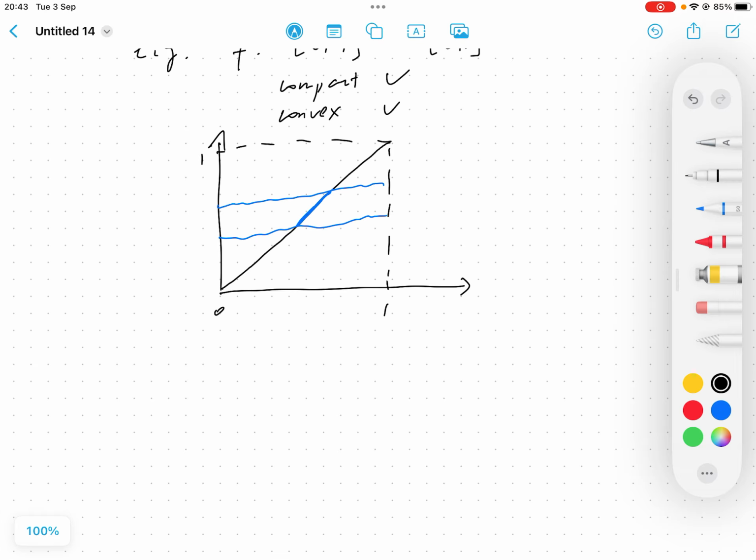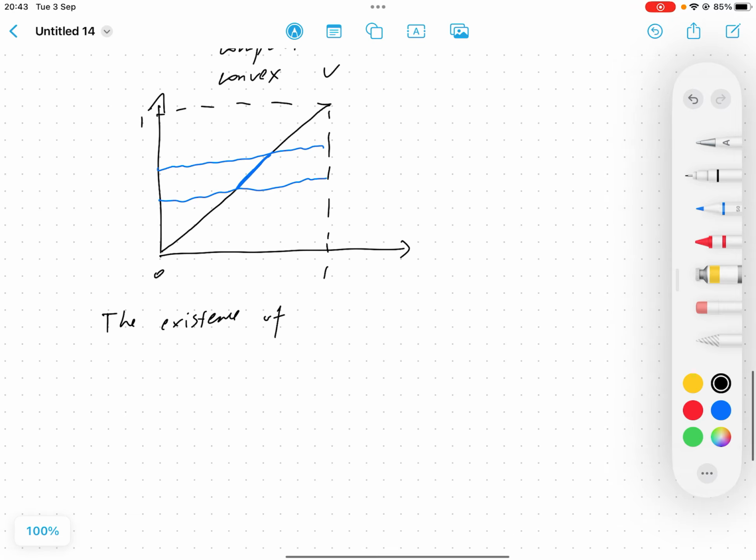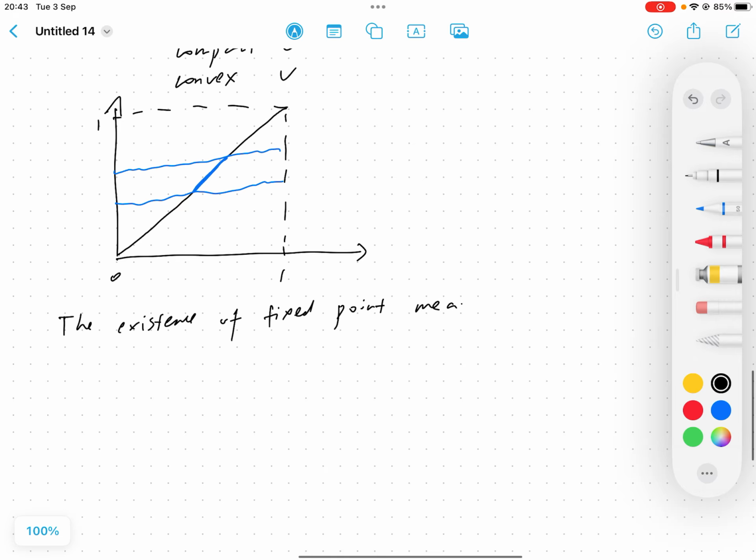intuitively, what does the existence of the fixed point mean?